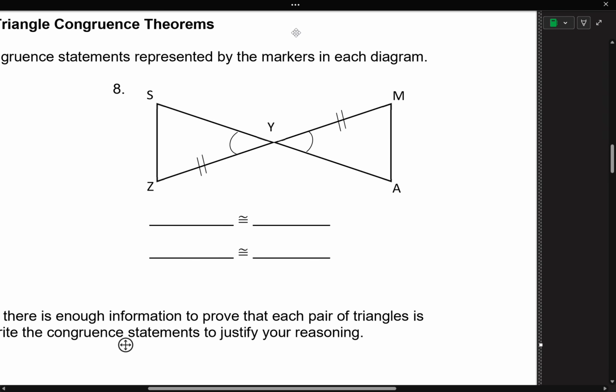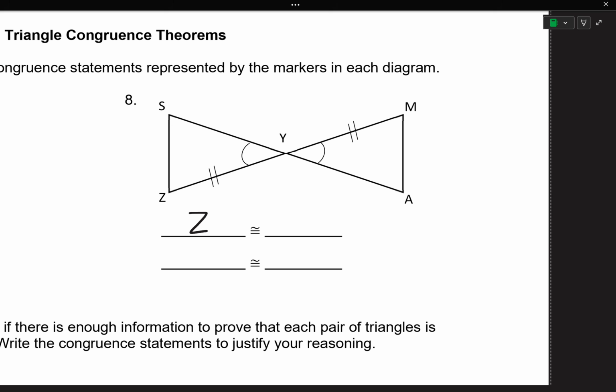I got ZY, and I've got MY. Let's do the angles. I'm going to call the one on the left ZYS, and on the right, I'm going to call it MYA. Fantastic.